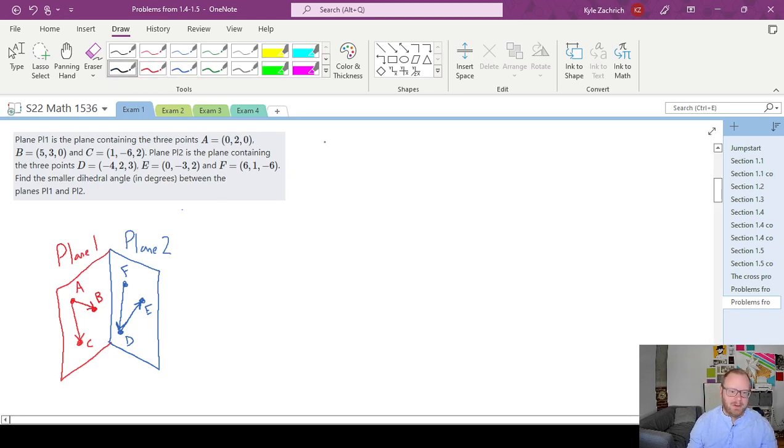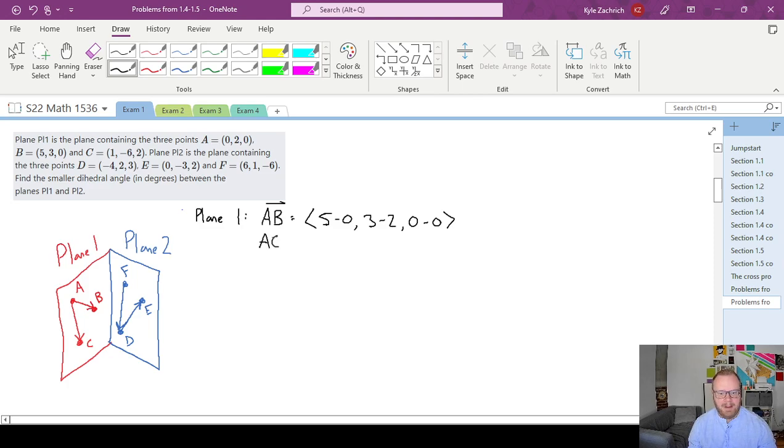I'm going to go a little quicker through the work now that we've got the setup here. I'll split up my work. For plane 1, we've got 2 vectors. We've got AB, which is equal to 5 minus 0, 3 minus 2, 0 minus 0. You can probably do a lot of this in your head.